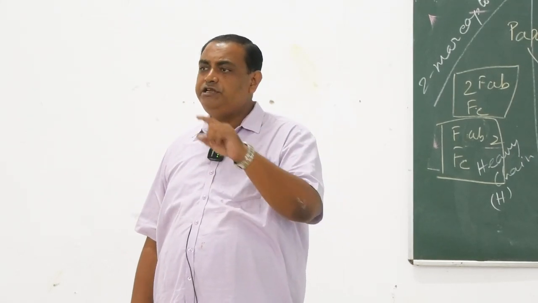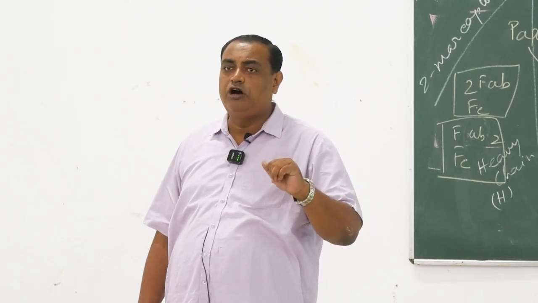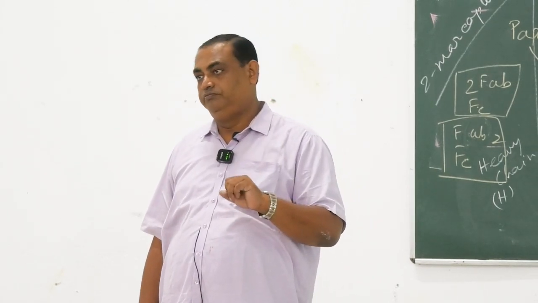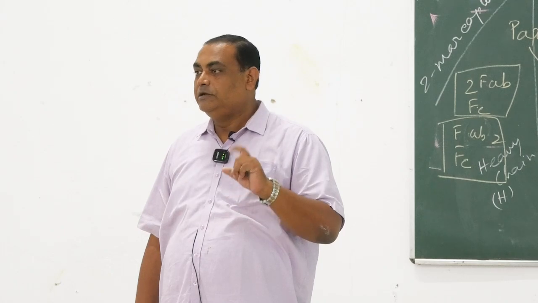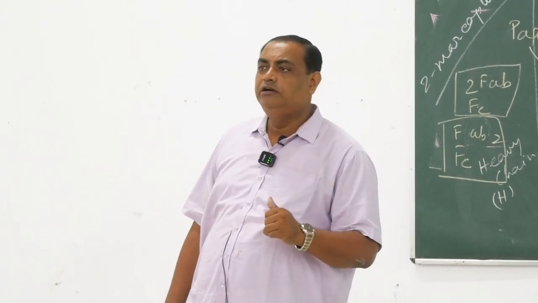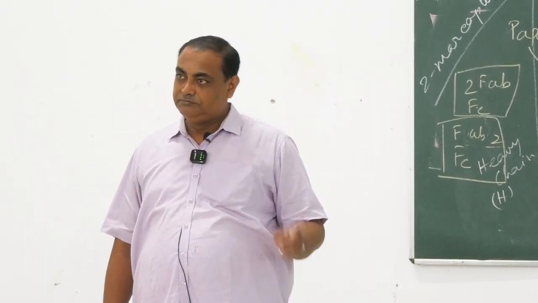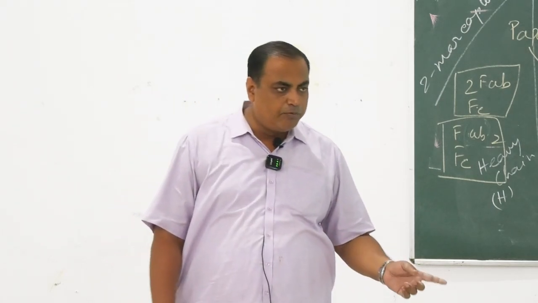And the corresponding region which binds with the epitope, or recognizes the epitope of the antigen, is called the paratope. The portion of the antibody which binds with the epitope of the antigen is called the paratope. Correct? Epitope and paratope.